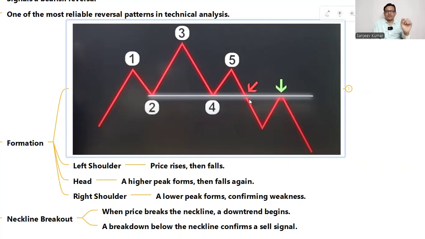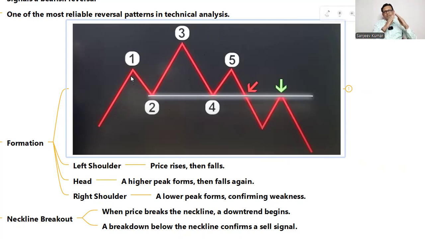But one thing I also want to make clear: in a chart, in TradingView or any website, the chart will not look exactly like this picture, and it will not form exactly point to point like this.